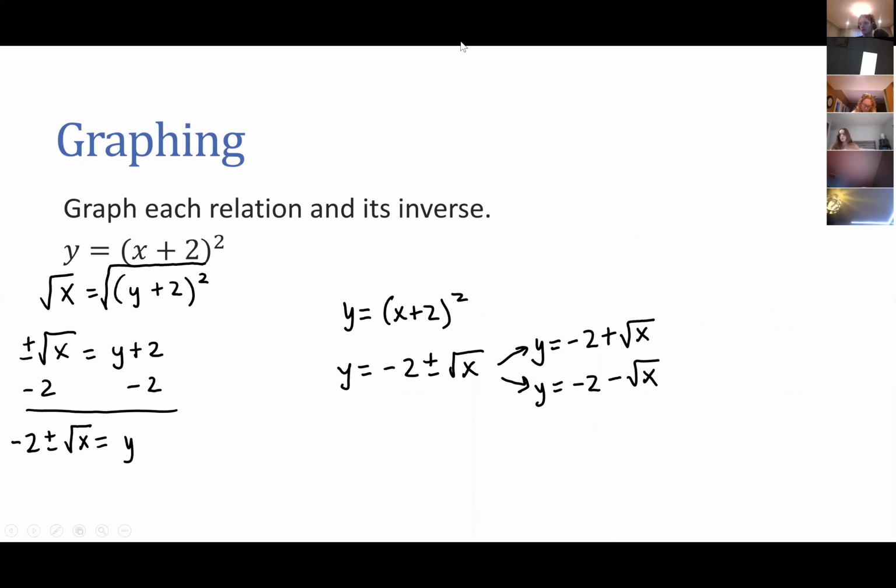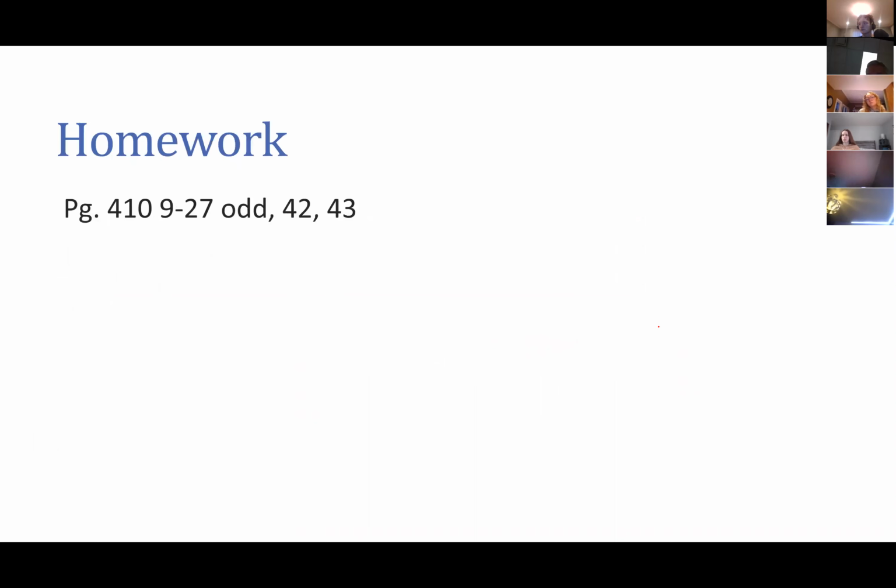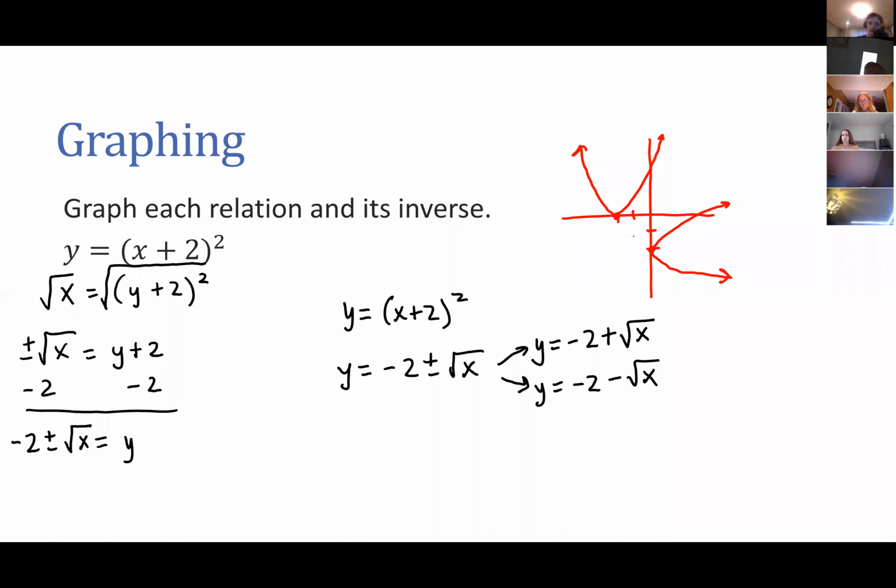So if I come back to sketch that, it was basically left 2, there was a parabola, and down 2, there was a parabola. And then it was a reflection across y equals x again, something like that.